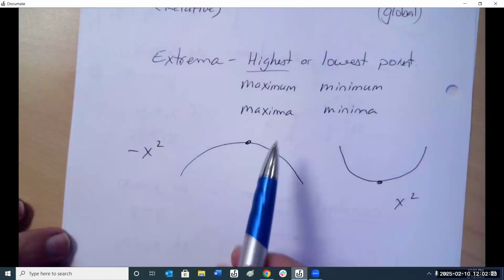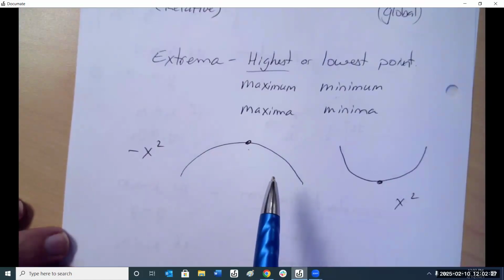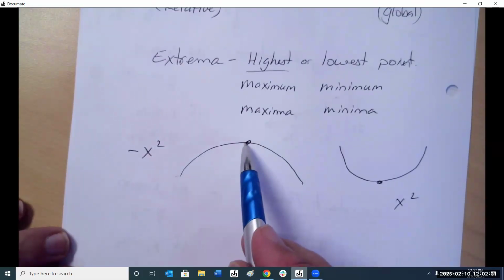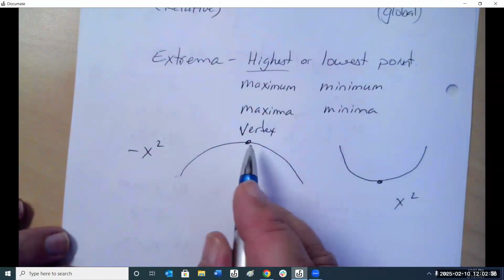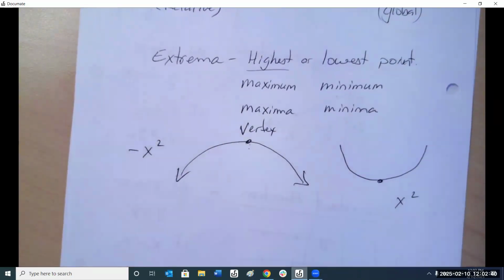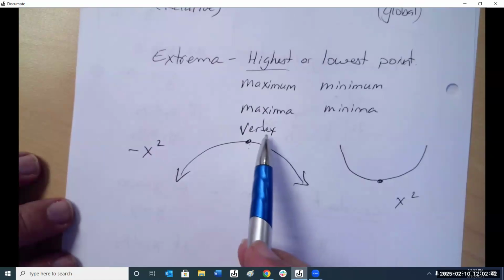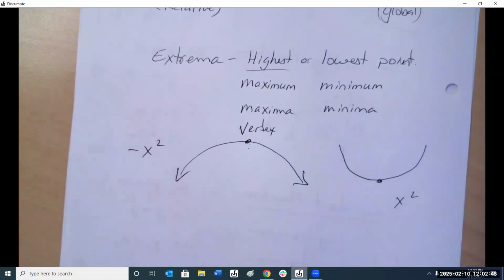Is this a local extrema or an absolute, global extrema? Global, because if this is the maximum, the vertex, there is no other point that's higher, because everything else goes down forever. So as an extrema, it's both local and absolute.